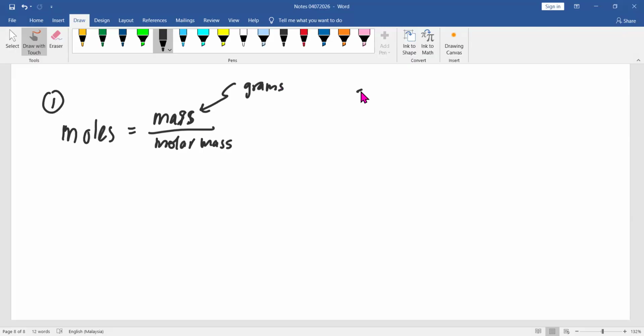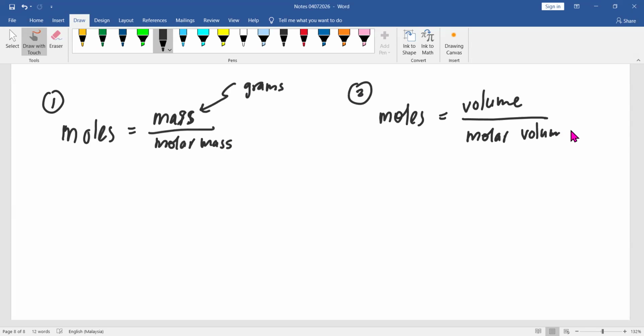The second formula, amount of moles, is volume over molar volume. This is only for gas, when they give us a volume of gas. For example, you can be given it in decimeter cube or centimeter cube.